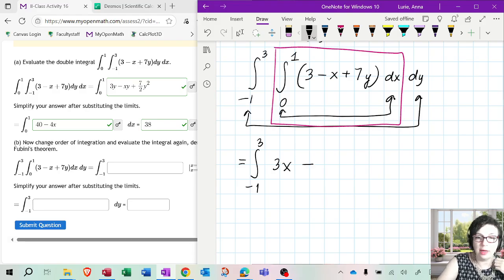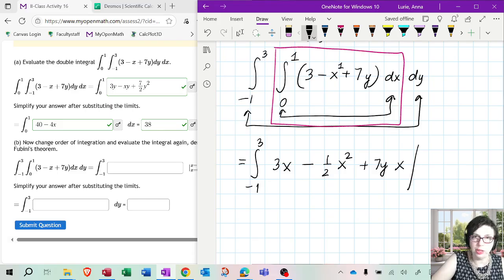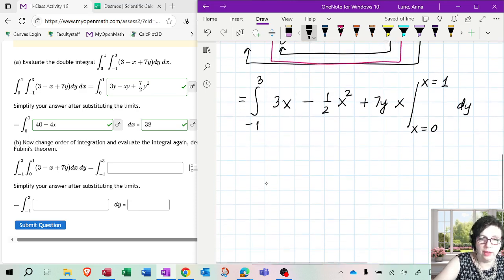Now, x is not a number, so that's x to the power 1, which is the same as 1/2 x squared when you integrate. 7y is a number because it does not have x, which means that this is just going to become 7yx. Okay, and then when we draw the vertical slash again, we are going to make sure that you know which variable you're substituting for. So here it's x.